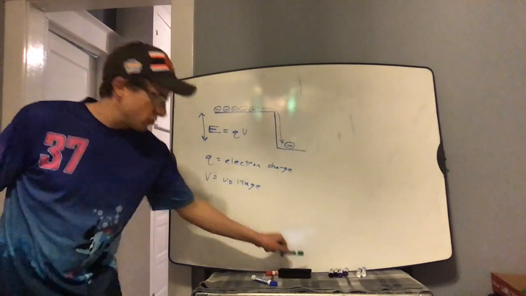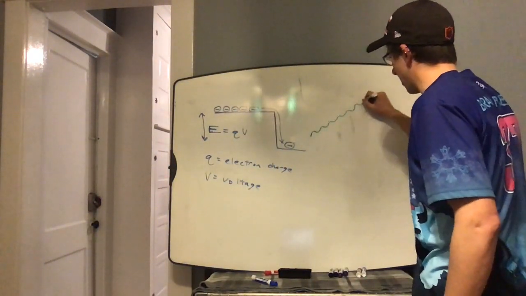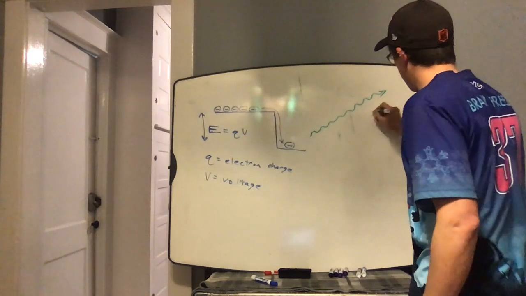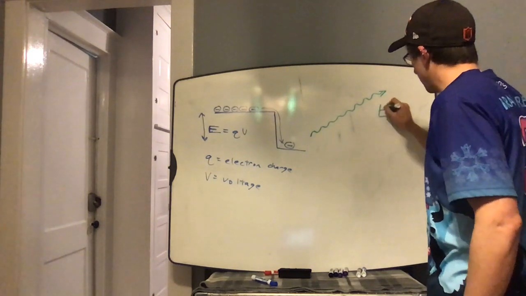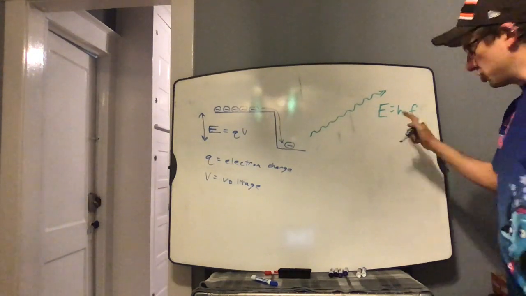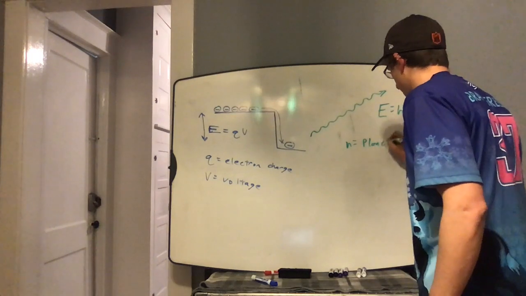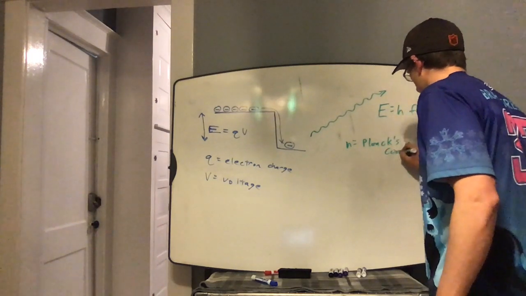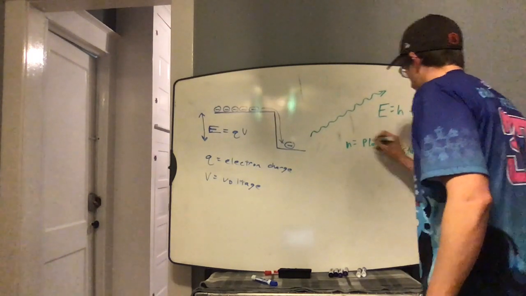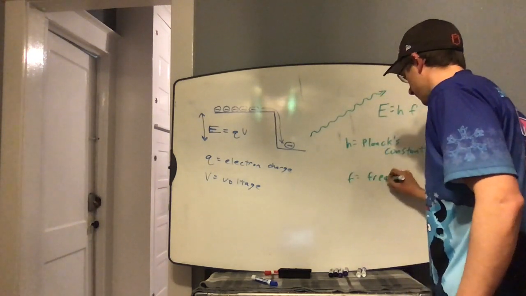So this energy is emitted as a photon. So we give off a particle of light, and the energy of light is equal to h times f, where h is Planck's constant, and f is the frequency of the light.